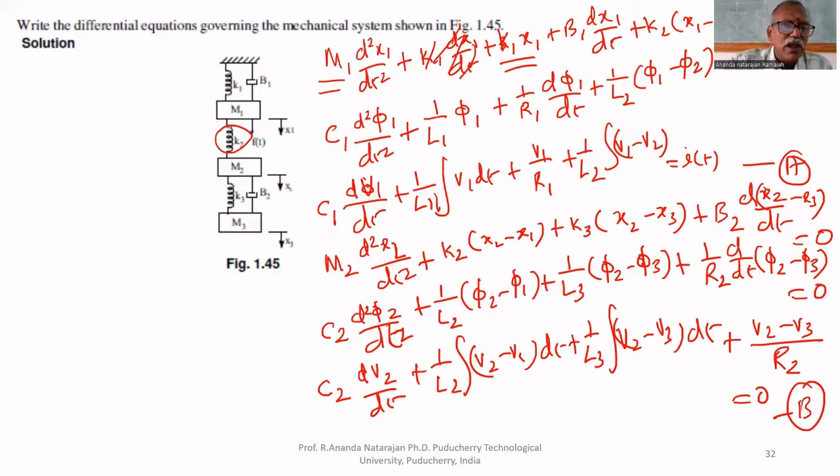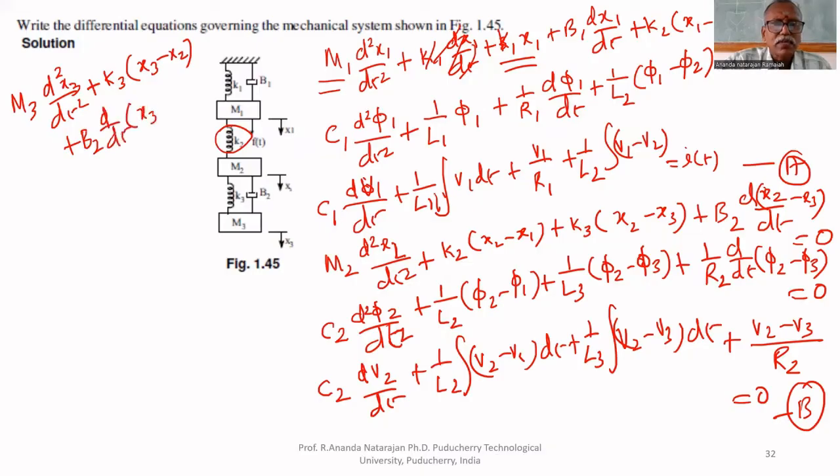What is the third equation? M3 d square x3 by dt square plus K3 x3 minus x2 plus B2 d by dt of x3 minus x2. No applied force, therefore equal to 0. This is the third equation.